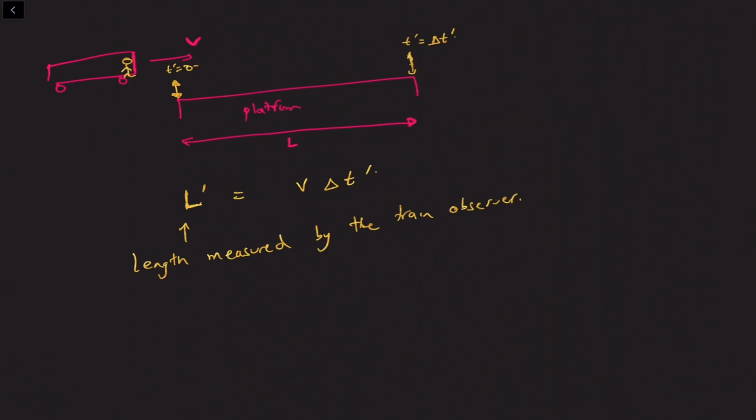Now, this clock, which is moving with the train observer, appears to have time dilation as seen by the ground observer.